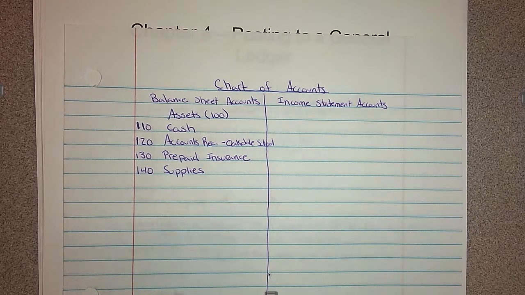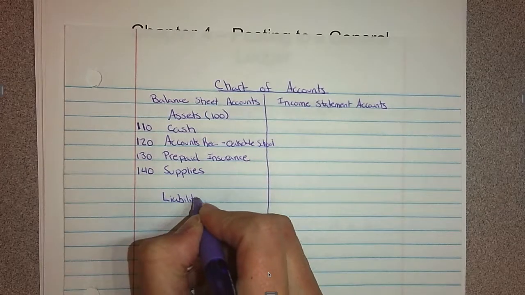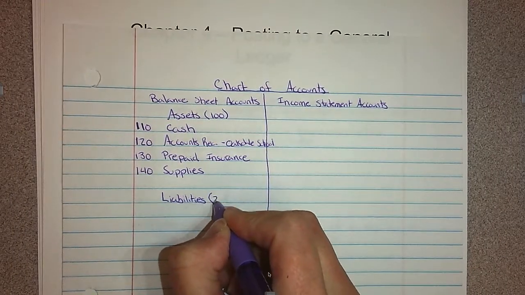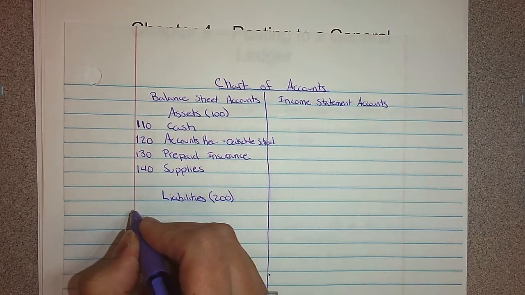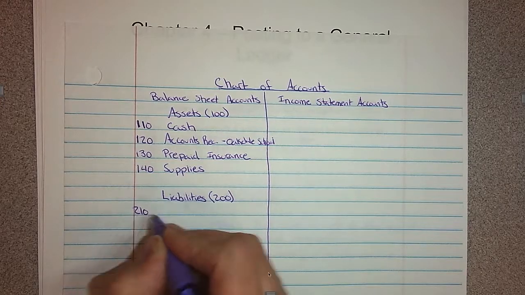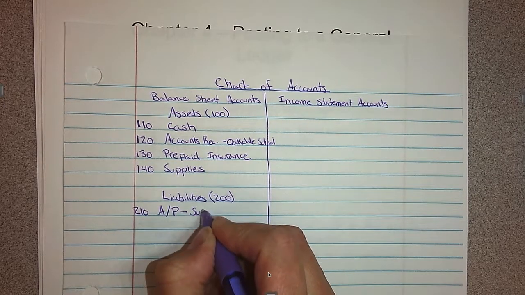So we're going to do a little section heading for liabilities. And these are going to be our 200s. I'm going to put a little 200 behind it. And I'm going to write account number 210 is accounts payable, supply depot.